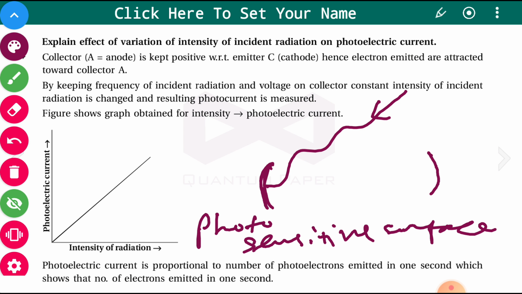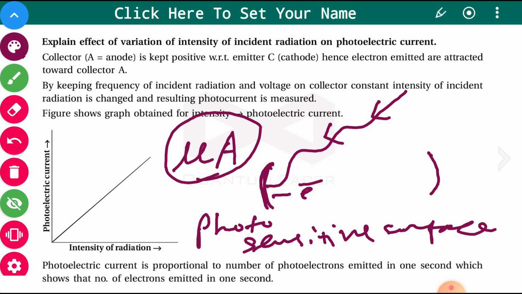Then what happens? If you are increasing the intensity of radiation, more intense light, or we can say the photosensitive surface is illuminated with higher and higher intensity radiation, then the number of photoelectrons which are emitted will increase, or we can say the photoelectric current which is measured by the micrometer simultaneously increases as you are increasing the intensity.